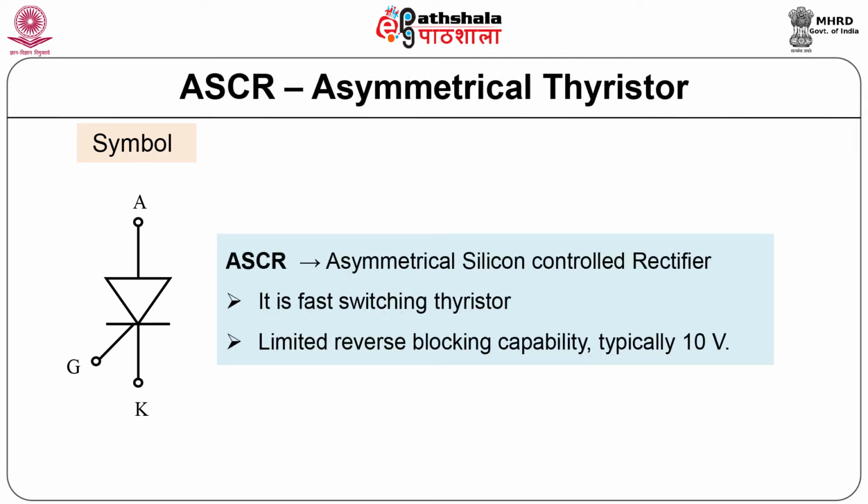Asymmetrical thyristor. It is also called as asymmetric silicon controlled rectifier, that is ASCR. It is fast switching thyristor. It has all advantages of a fast switching thyristor, but it has limited blocking capability, typically 10 volt.